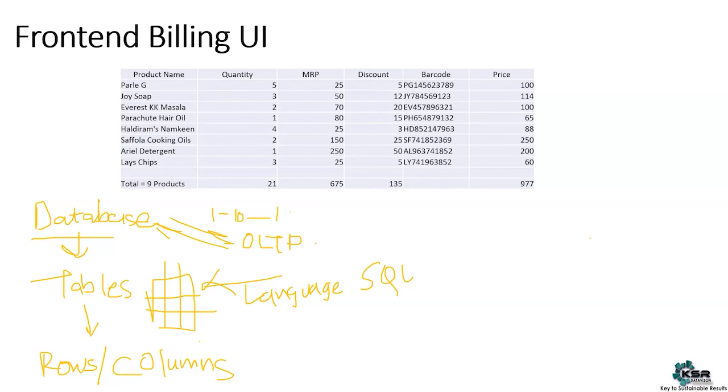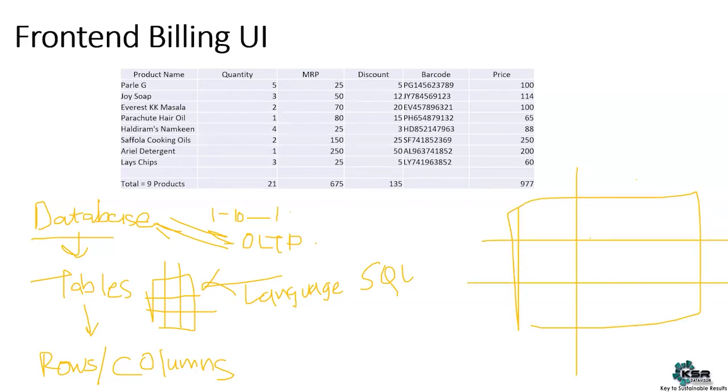Now, there are scientific names which are given in SQL. If there is a table like this, there are scientific names also. You can call this information a row. This is row 1. This is row 2. This is row 3. So in SQL, rows are also called tuples. There is a different word.